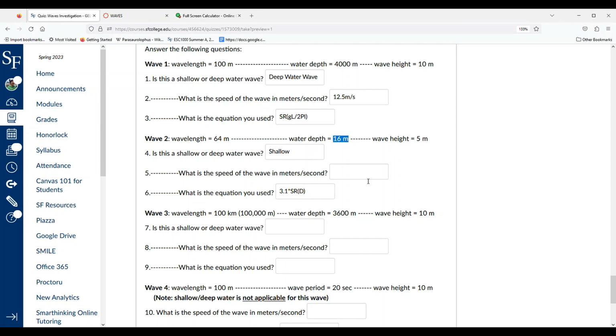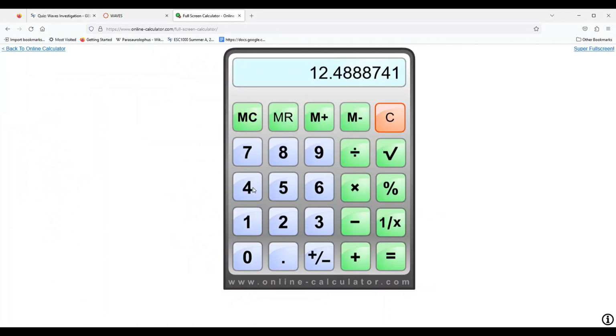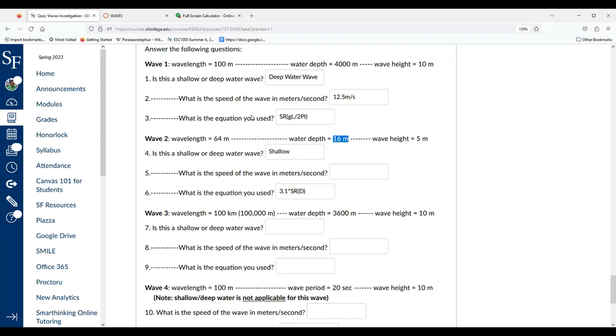Do we really even need a calculator for this? 16, the square root of that is 4. 4 times 3.1 equals 12.4, which happens to be very close to the previous answer, 12.4 meters per second. But really, 4 times 3.1, 4 times 3 is 12, 4 times 0.1 is 0.4. You don't even need a calculator for this.